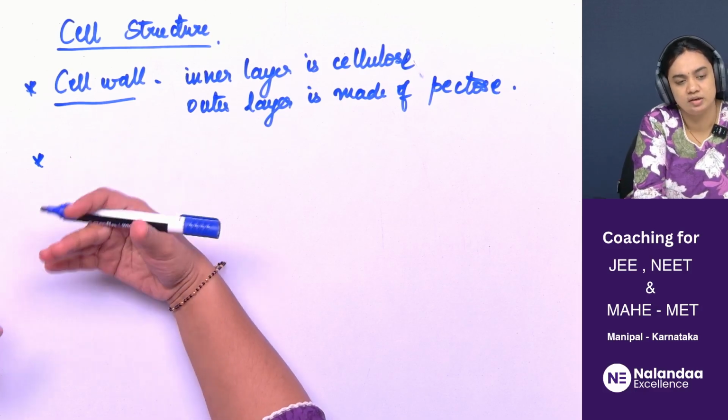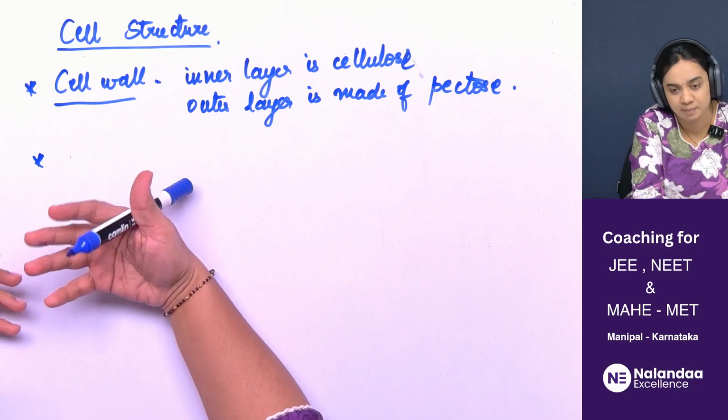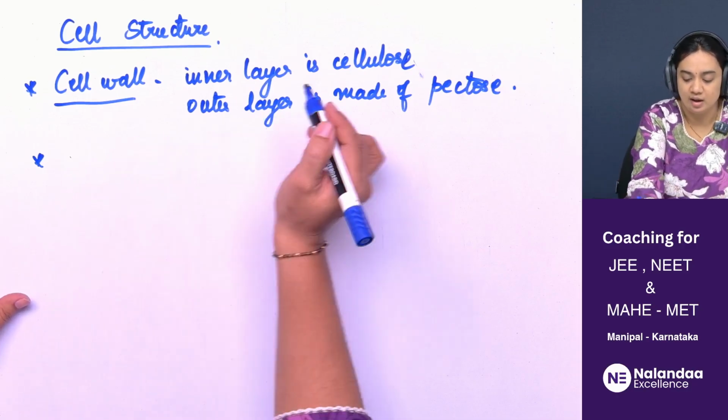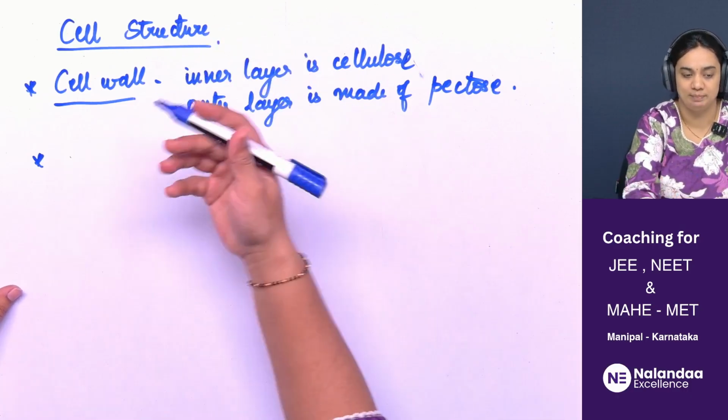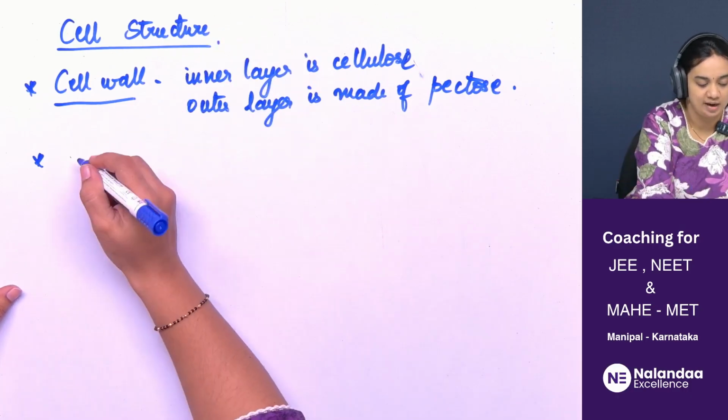Galactins and mannins are the general composition of the cell wall, but specifically the inner layer will be cellulosic, and the outer wall will have a pectin deposition.